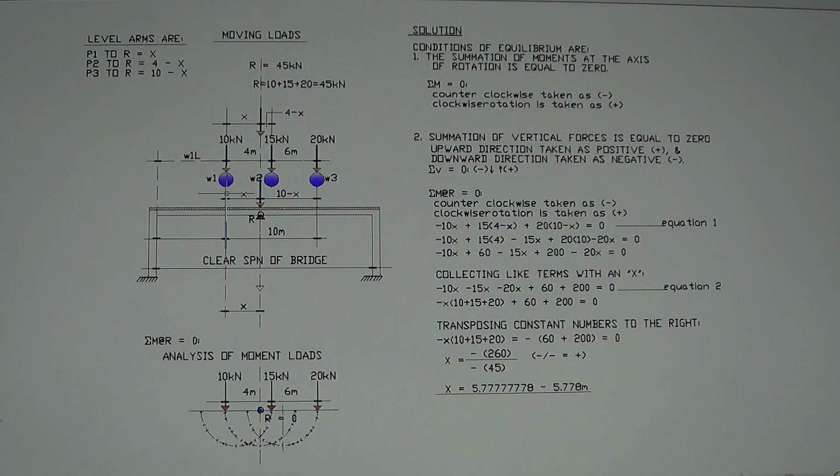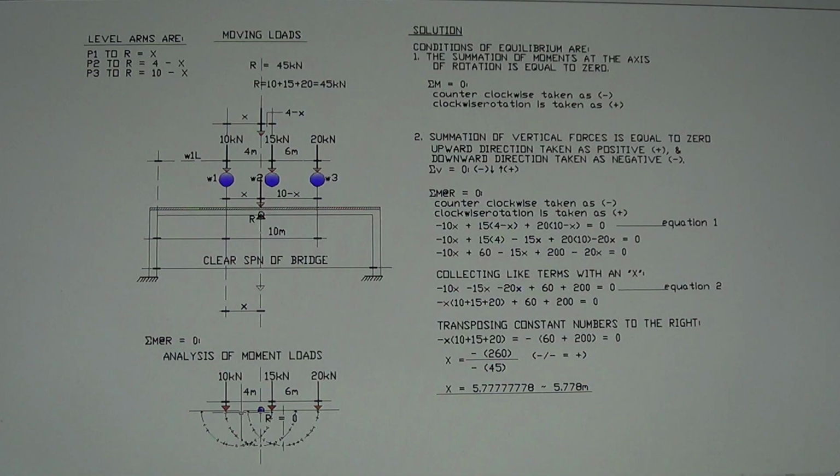The 10 kilonewton will rotate in this direction, and that is a counterclockwise rotation. The 15 kilonewton will rotate in this direction, and that is a clockwise rotation. And the 20 kilonewton will rotate in this direction, and that is also a clockwise rotation.